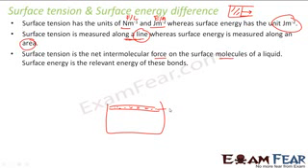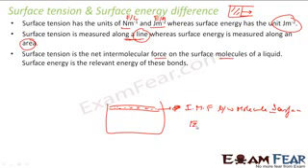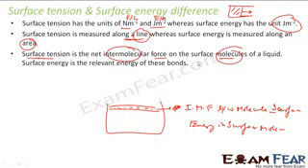So in the first case I am talking about the force, the intermolecular force, IMF, between the surface molecules. In case of surface energy, I talk about the energy in surface molecules. Hope you understand the difference. So in surface tension, I talk about the intermolecular force between the surface molecules. In surface energy, I talk about the energy of the surface molecules. Correct?